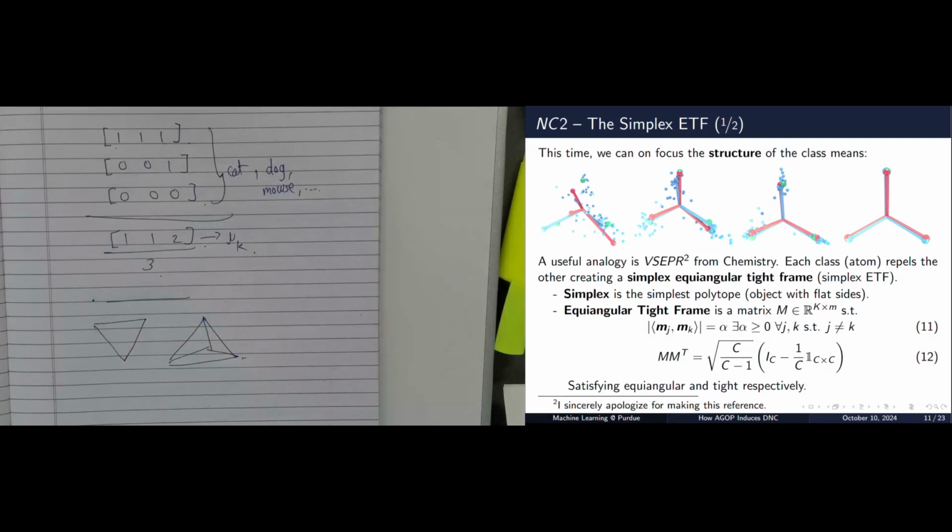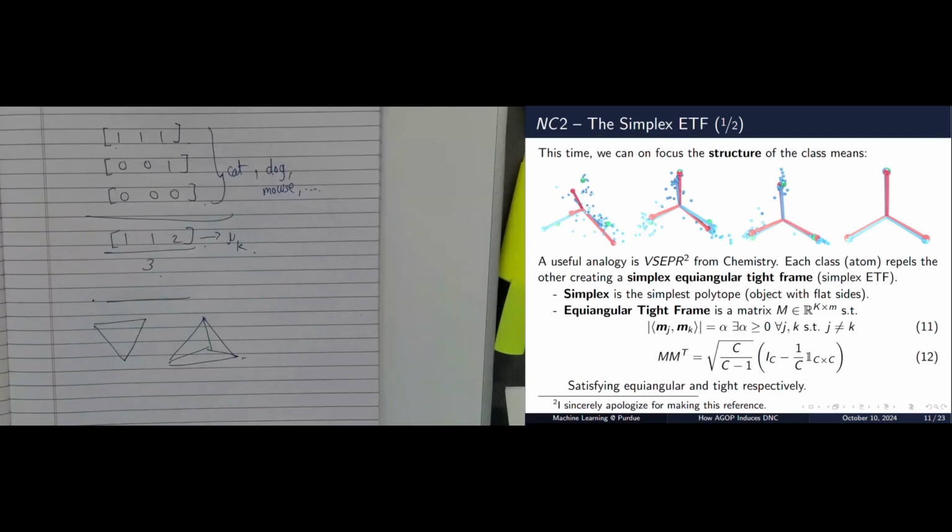Wait, am I getting this wrong? I know the picture is oversimplifying it, but would this be related to how close these vectors are to an orthogonal basis? Yes. It's basically just trying to maximize the angle. In this case, we would get the orthogonal basis, but if you increase the number of classes and don't increase the number of dimensions of the space you are projecting into, you will not get exactly 90 degrees.